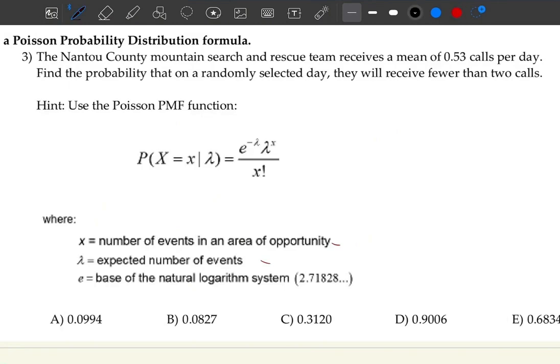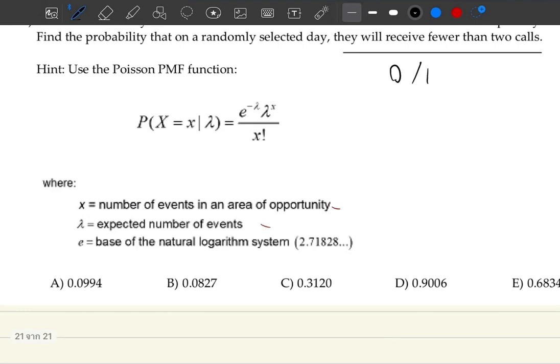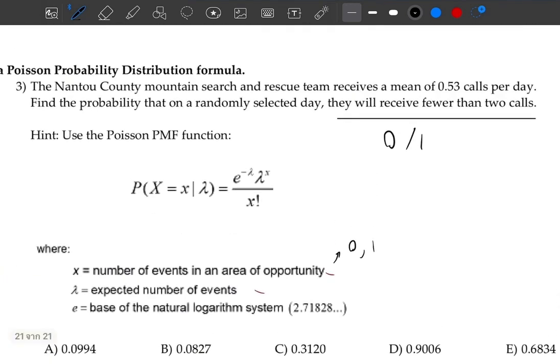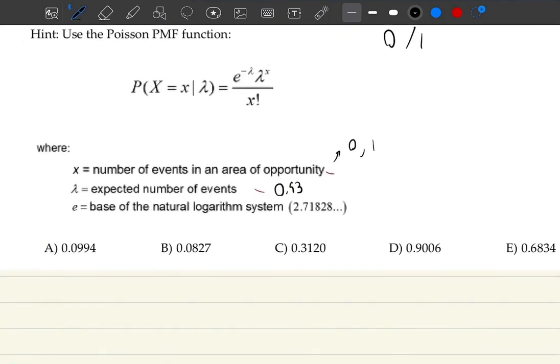So, when they say they will receive fewer than 2 calls, it means that 0 or 1. So, X could be 0 and 1. The expected number of events is 0.53 here.